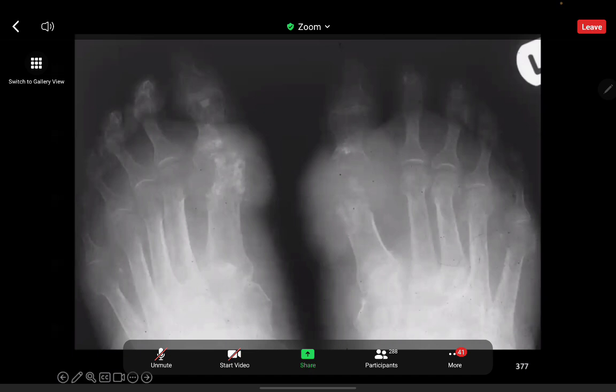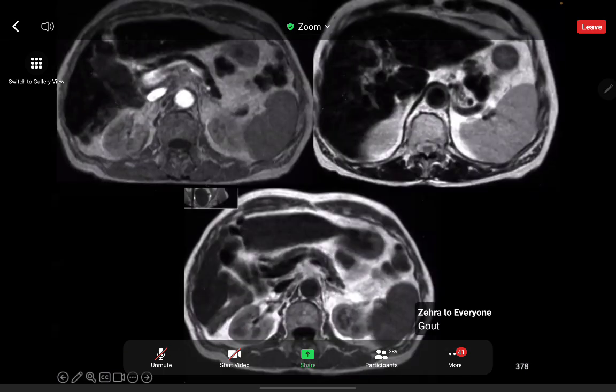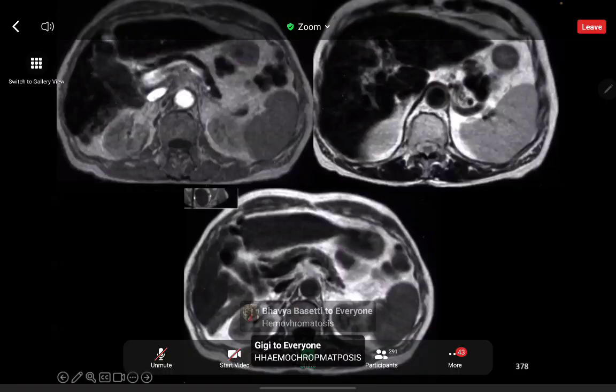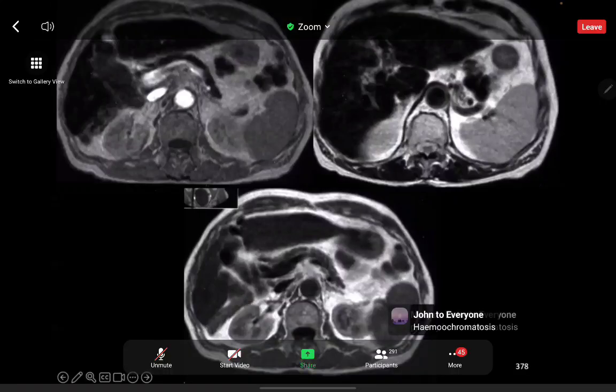Okay, this patient has developed diabetes, and they've got an arthropathy, and they've got a very bronze-looking skin. Yeah, hemochromatosis. So we've got iron deposition in the pancreas and iron deposition in the liver.